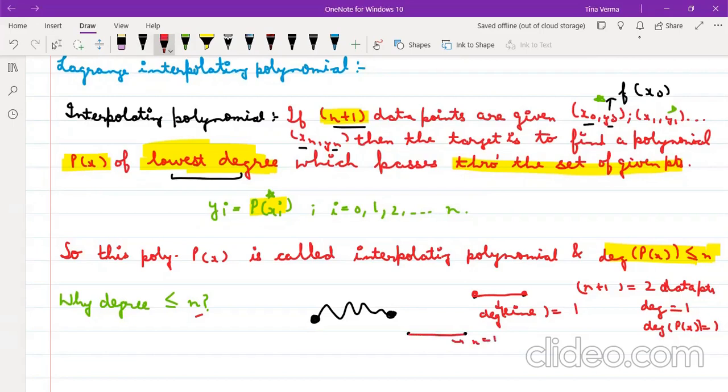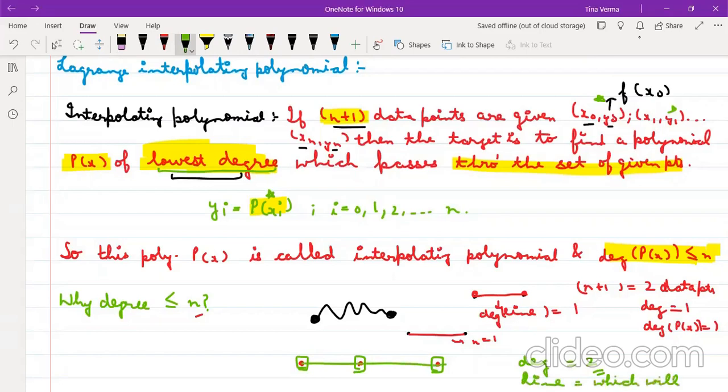Why should the degree be less than or equal to n? Suppose you have 3 points which are collinear: this is point 1, this is point 2, this is point 3. The best fitted line, that means the lowest degree, is not a degree 2 fit but rather a line, which will pass through the 3 points.